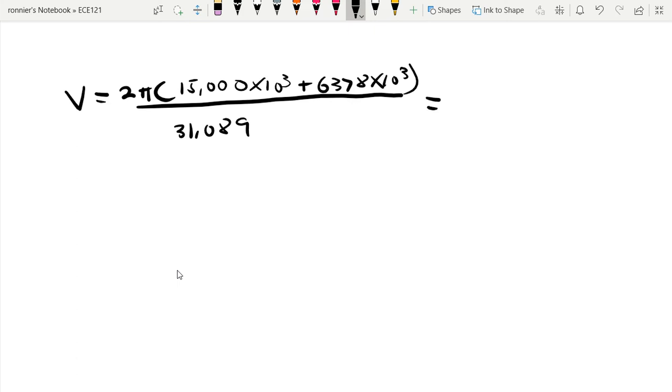So, equals 2 pi times 15,000 plus 6378 divided by 31,089. So, that is 4,320 meters per second. So, madali lang, no?